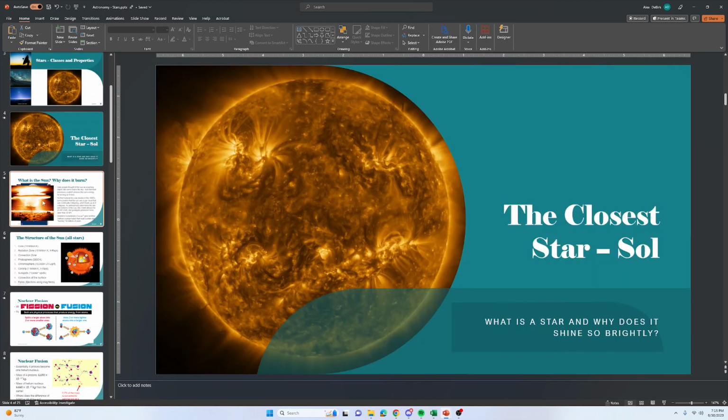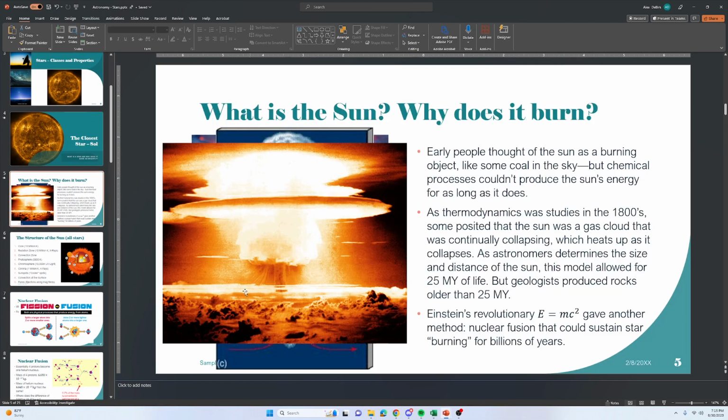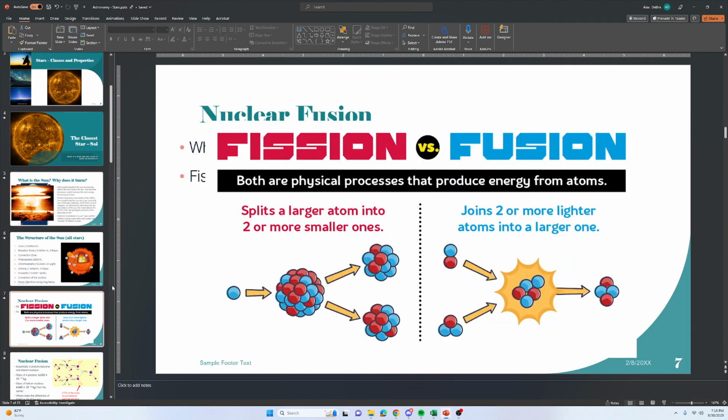Stars. Why do they burn? They're actually big giant hydrogen bombs going off constantly. Hydrogen bombs are different from atom bombs; they're the fusion type. This is what the sun is doing. The sun is producing new elements constantly by merging atoms together into a bigger atom, and doing this produces energy.